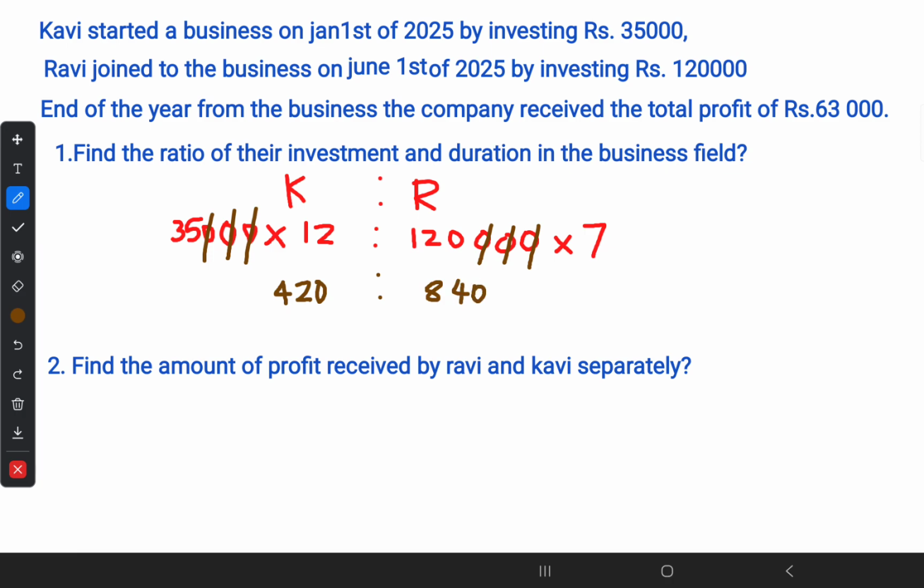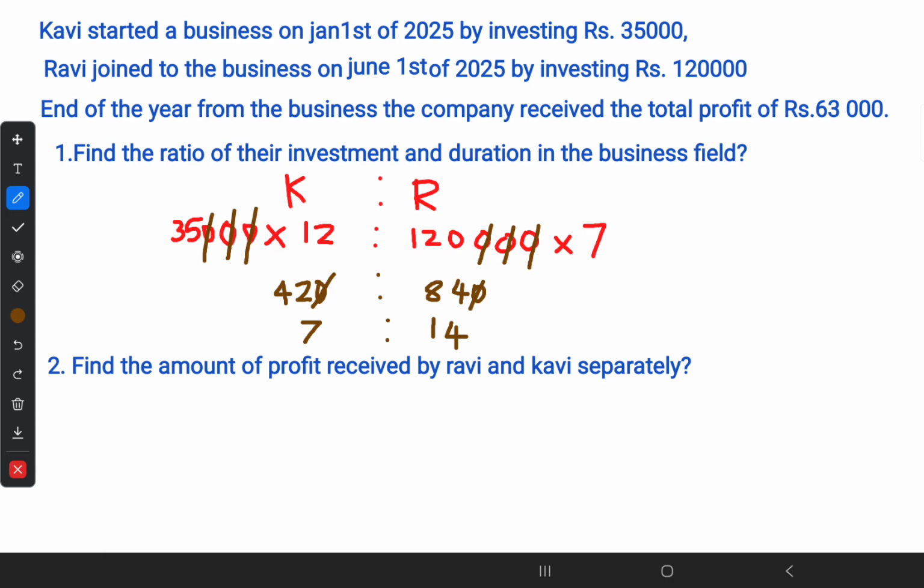Thereafter we can further simplify this. 0 and 0 simplified, then we can divide by the number 6. 7 sixes are 42, and 14 sixes are 84. It is not done yet.